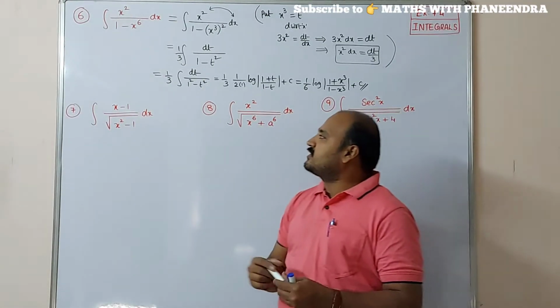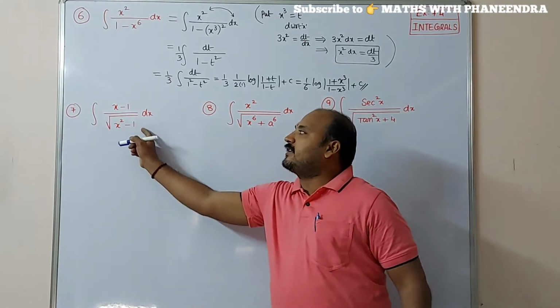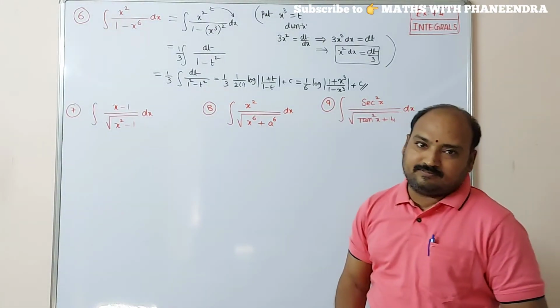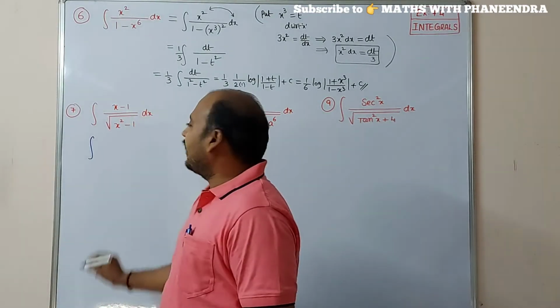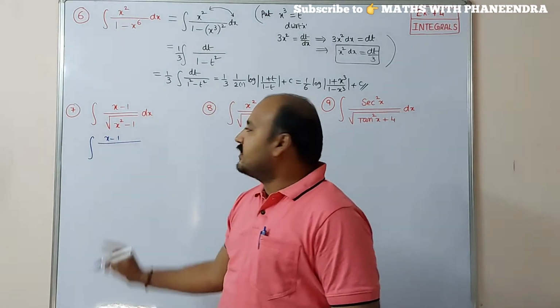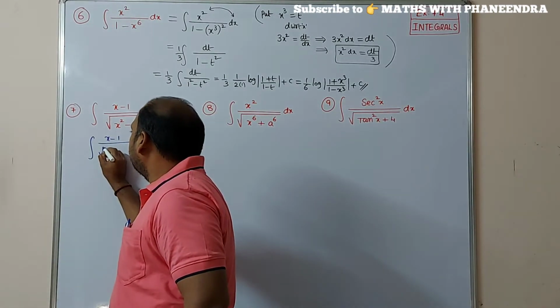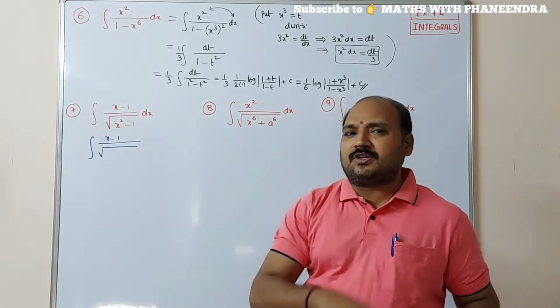So in question number 7, integral x minus 1 by square root of x square minus 1. Here we need to do one important thing.